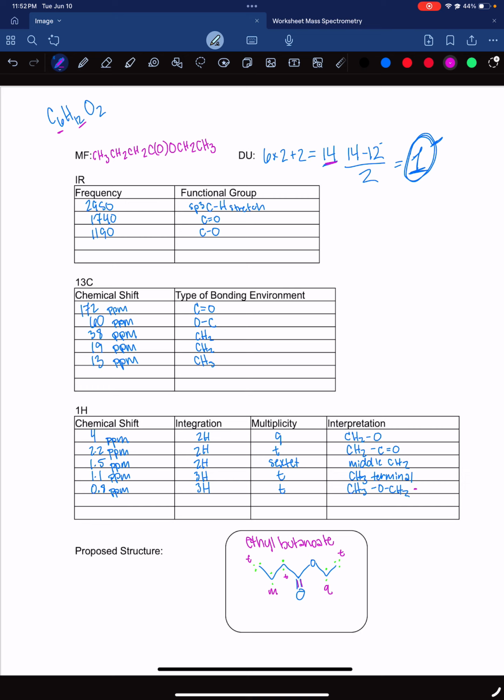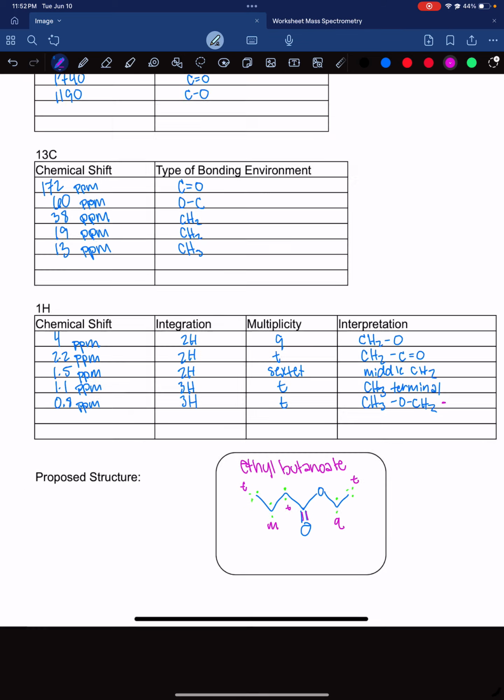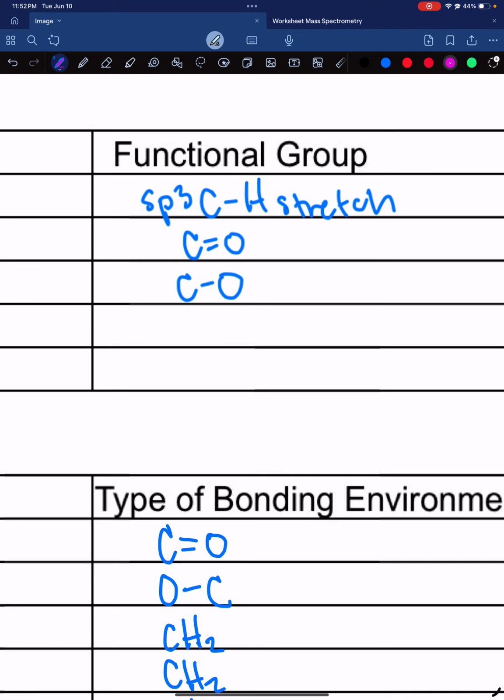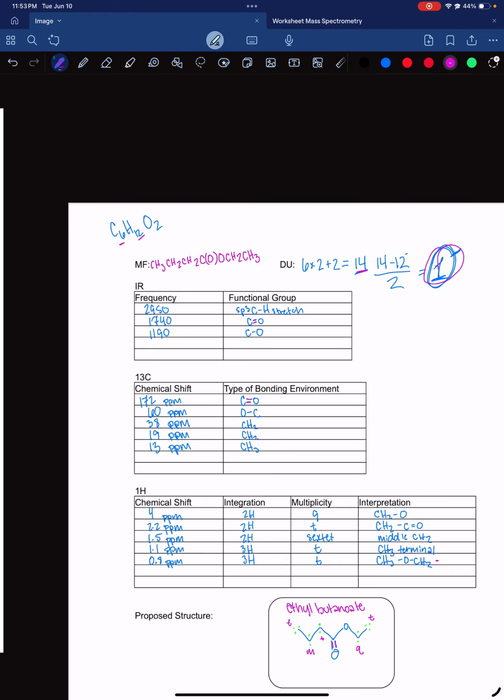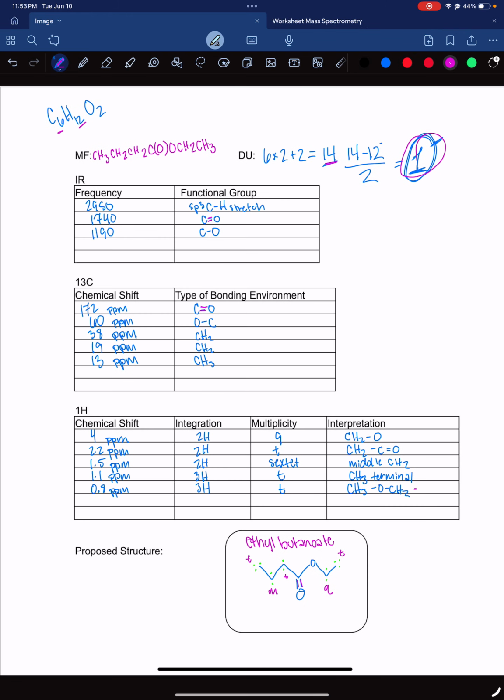So 14 minus 12 is 2, divided by 2, I have 1 degree of unsaturation, and that is accounted for down here for my carbonyl, and also here. I've confirmed I have a carbonyl with that double bond, so that degree of unsaturation, a double bond or ring, is already there and confirmed.